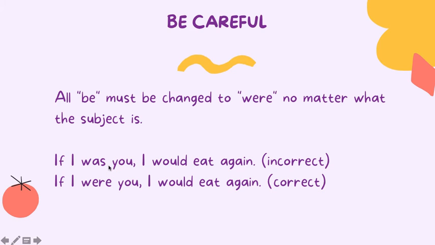The past verb of am is was, but as you can see the rule here, all be in conditional sentence type 2 must be transferred to were, and that's why it should be this way. If I were you, I would eat again. So it may sound incorrect, but this is correct.